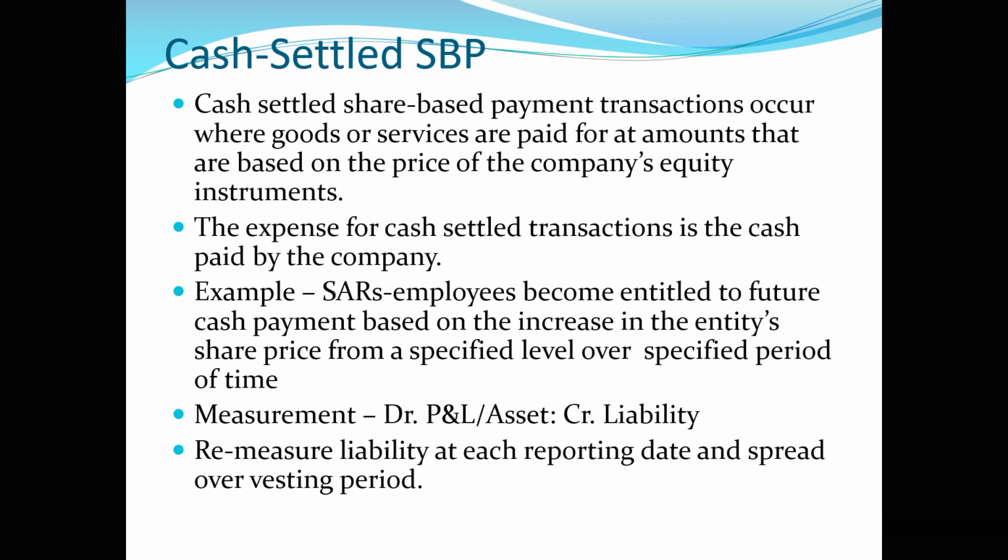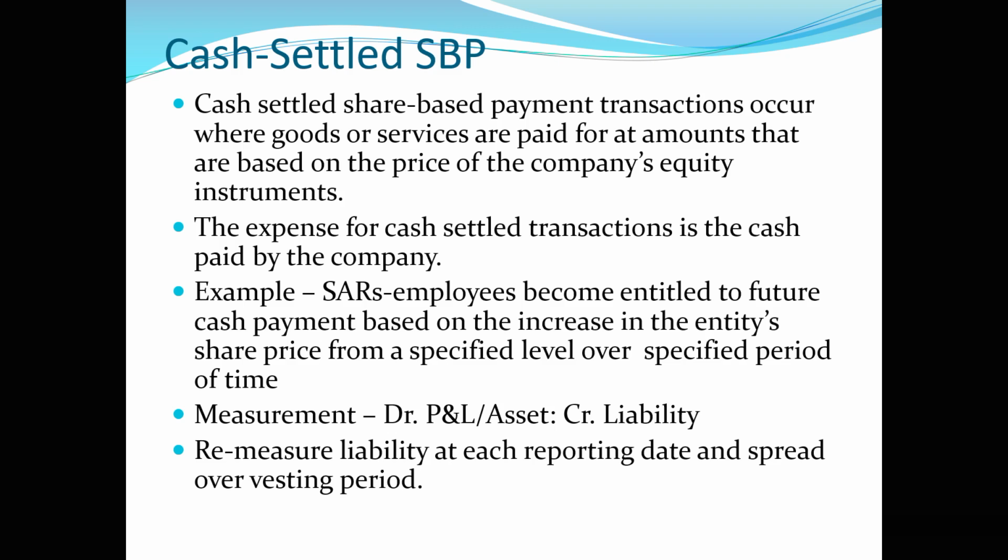Measurement: you debit profit or loss or the assets and credit liability. And credit liability is money, it's cash. So it's a provision to pay cash, and therefore it will be a liability. The first one, equity settled, is a provision to give shares. So it is an equity instrument and will be recognized in equity.